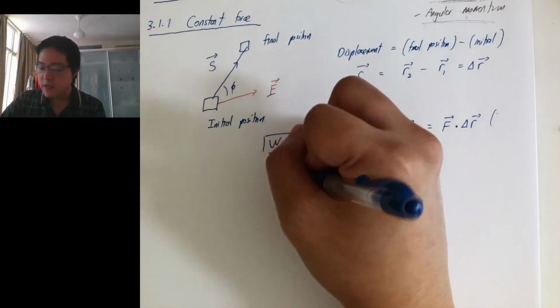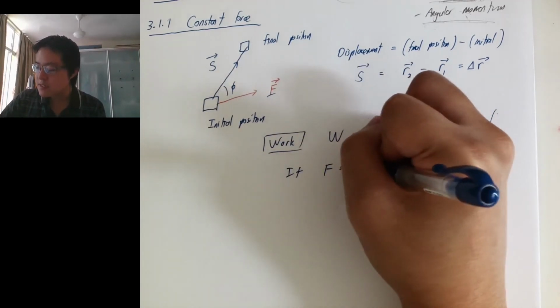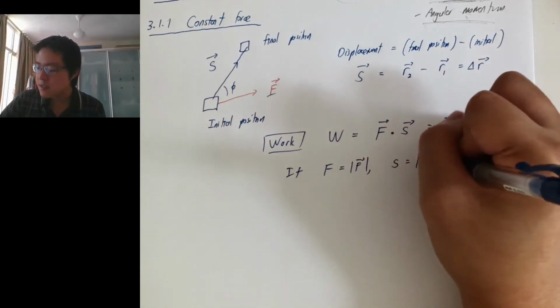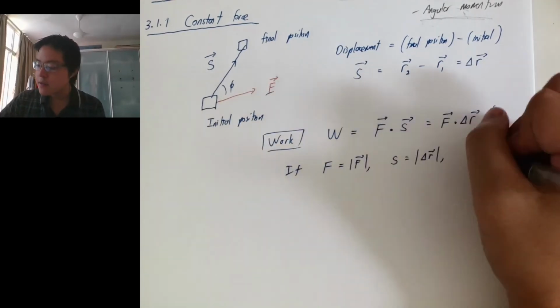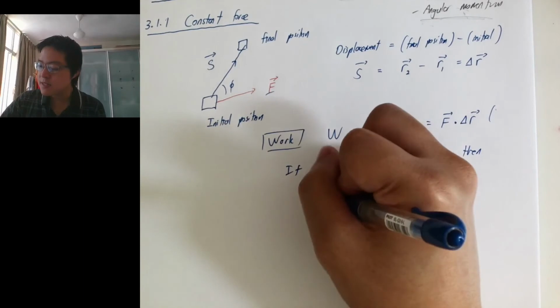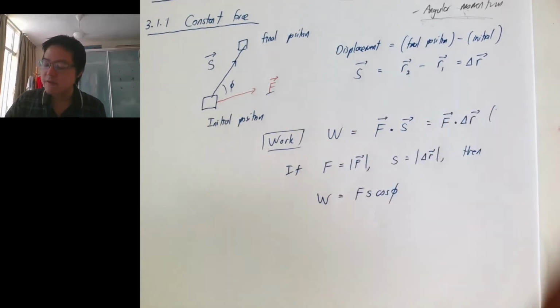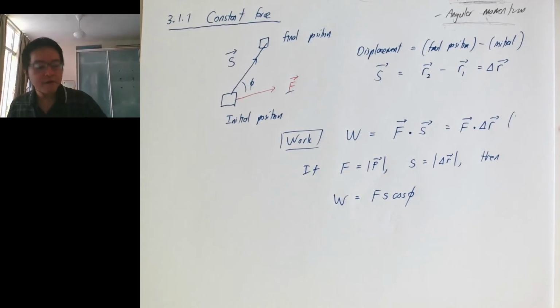If the magnitude of the force is F and the magnitude of the displacement is delta R, and the angle between the two vectors is phi, then the work done using the second formula is just F times S cosine of the angle.